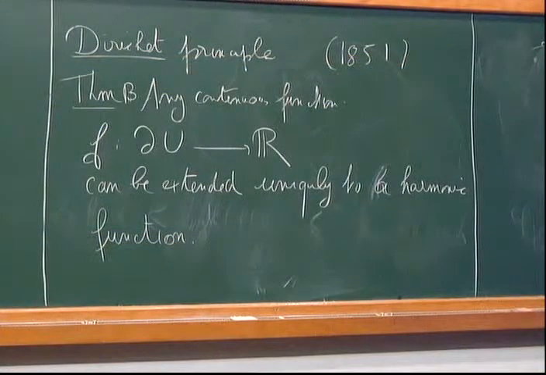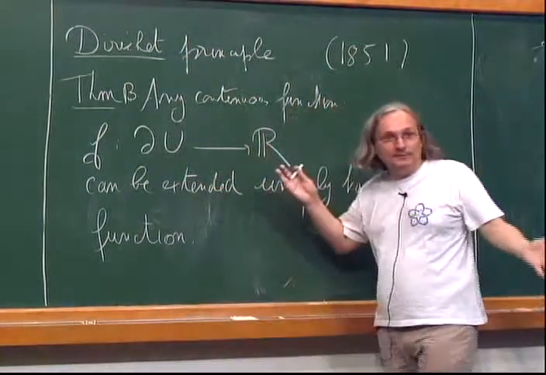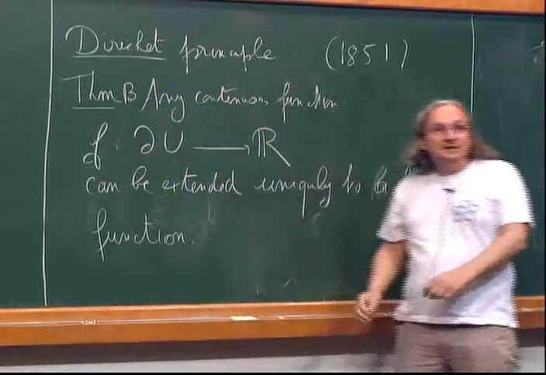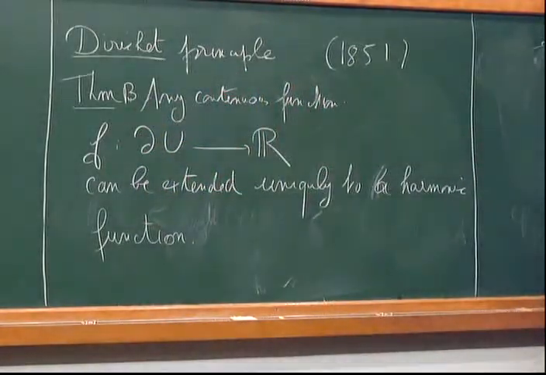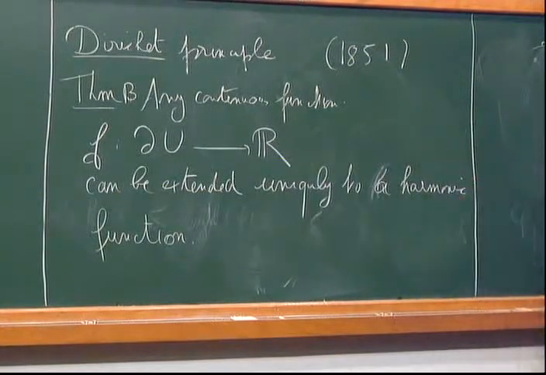So what is true is that B implies A; this is indeed in Riemann's thesis. Theorem B is correct, but the proof given by Riemann is not convincing. And I will discuss that now.